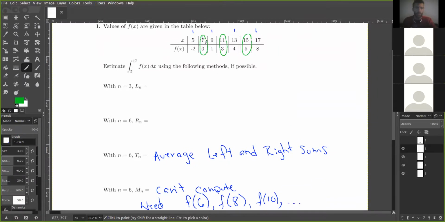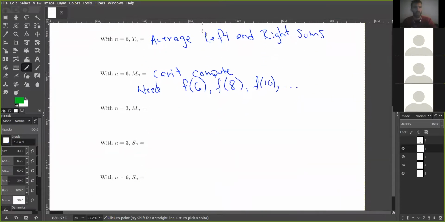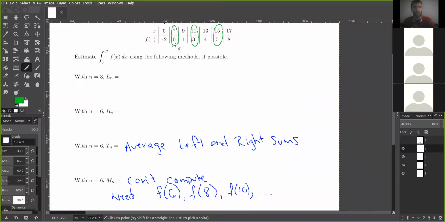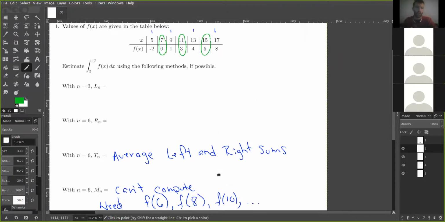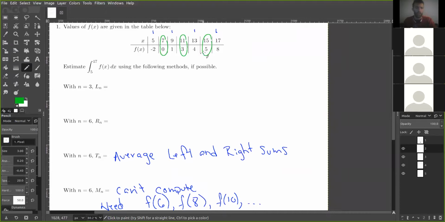The width of the interval 5 to 9 is 4. Again, 9 to 13 is 4, and likewise for the last one. So my delta x is 4. The values we want are the values of the function that we circled here. So it would just be 4 times, what do we got? 0 plus 3 plus 5.